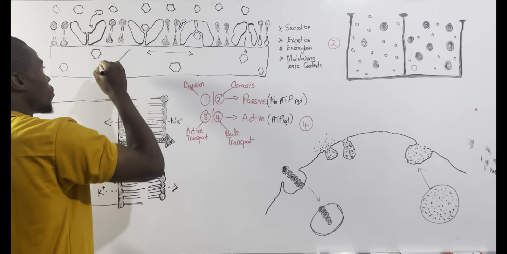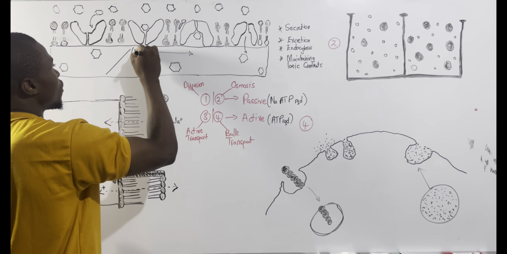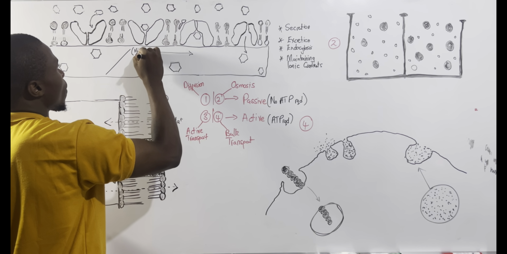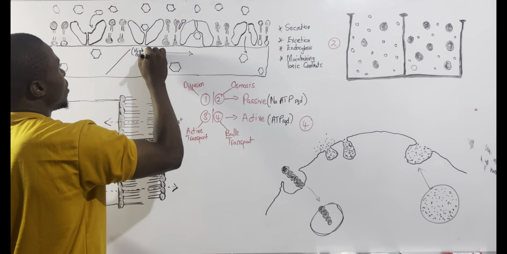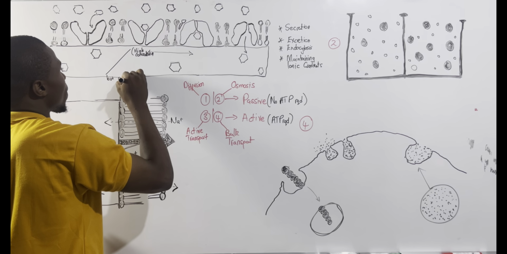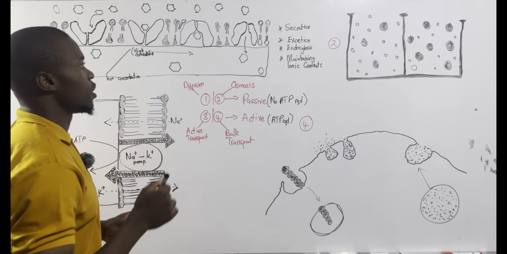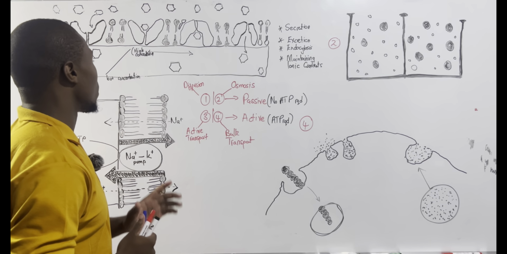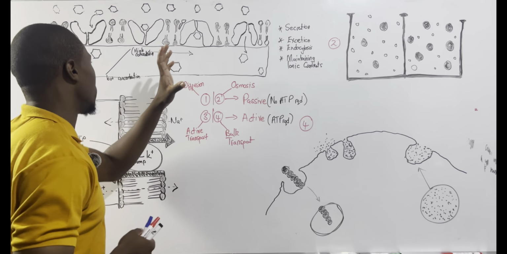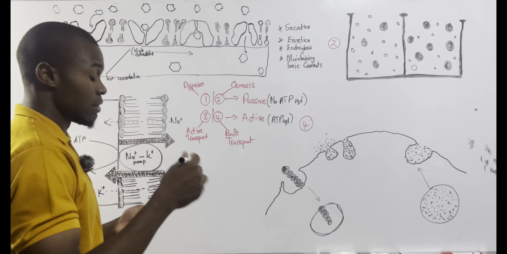Let's say this is the concentration gradient: at this place we have high concentration, and here we have low concentration. By definition, diffusion is the movement of substances from a region of high concentration to a region of low concentration.